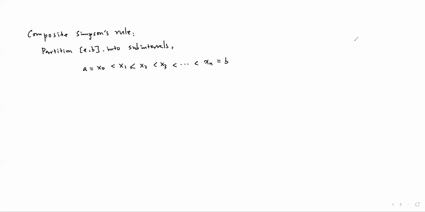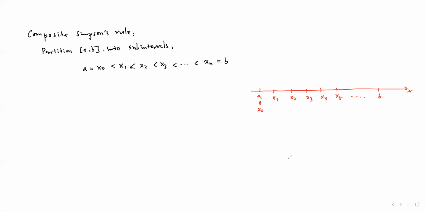Let me draw a diagram. A, B. This is x0, x1, x2, x3, x4, x5, and so on. Then apply Simpson's rule.